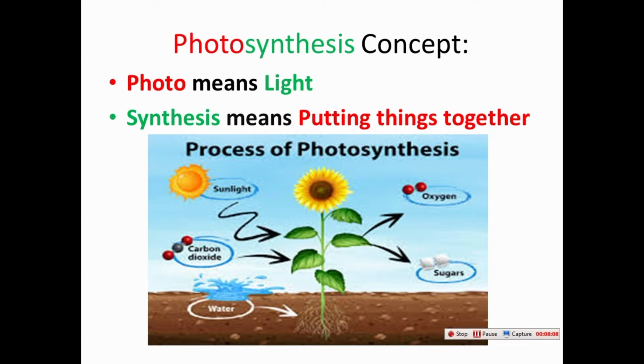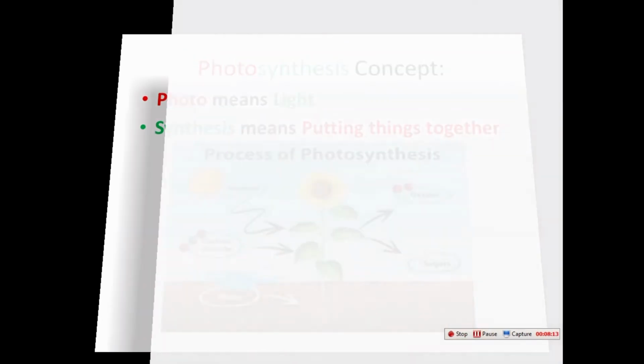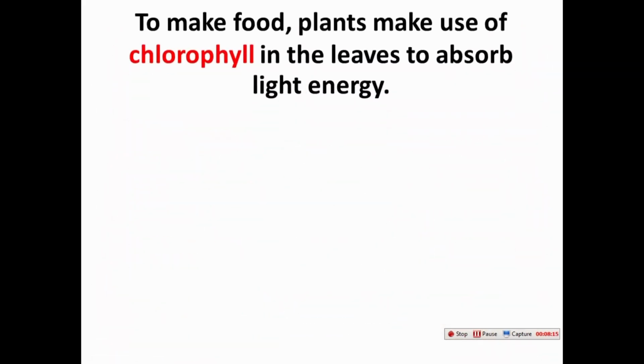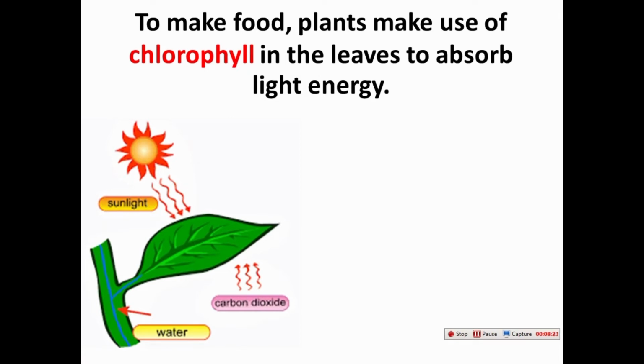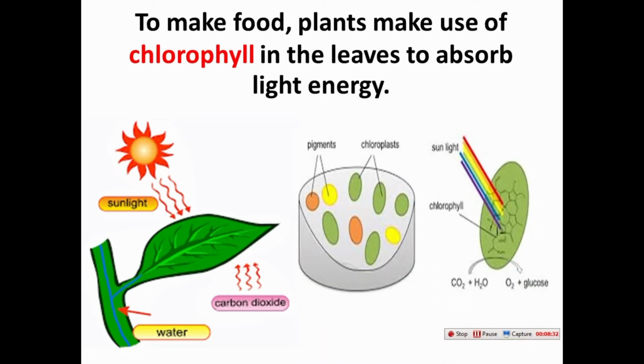So this process takes place inside the leaves. To make food, plants make use of chlorophyll in the leaves to absorb light energy. So the chlorophyll captures the light coming from the sun.